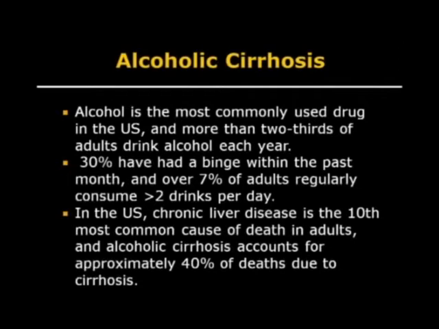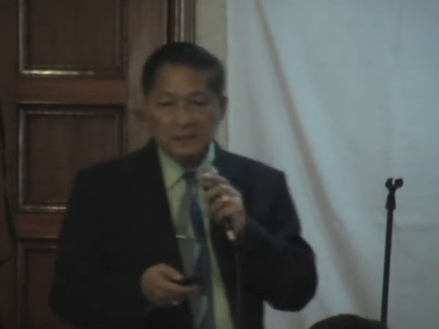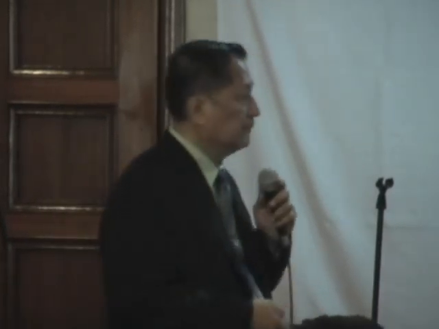In the United States, chronic liver disease is the 10th most common cause of death in adults, and alcoholic cirrhosis accounts for approximately 40% of deaths due to cirrhosis. So, 40% of death due to cirrhosis is due to alcohol.